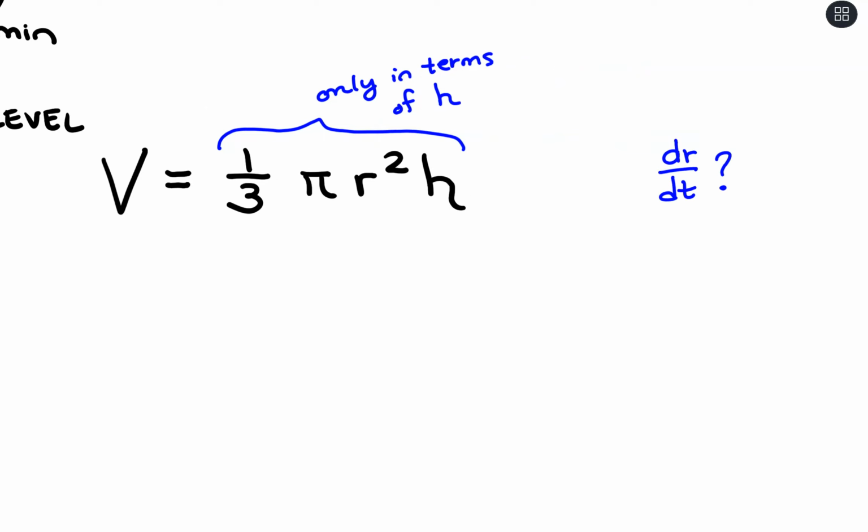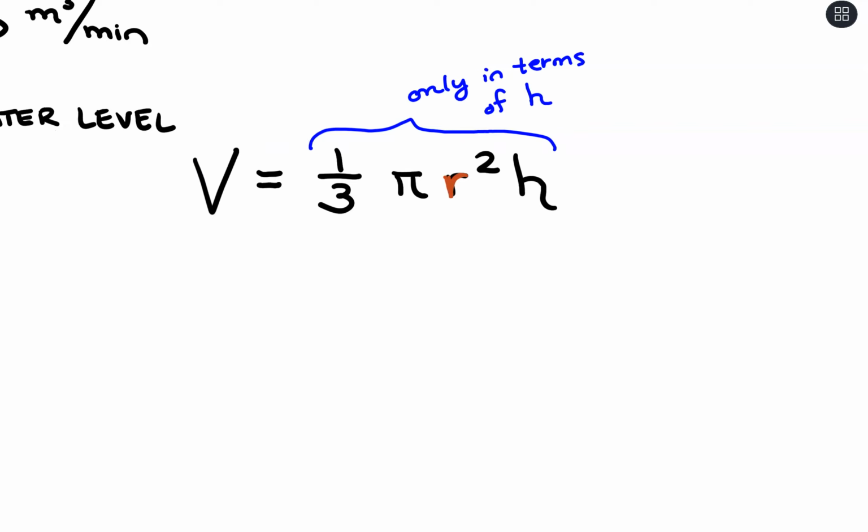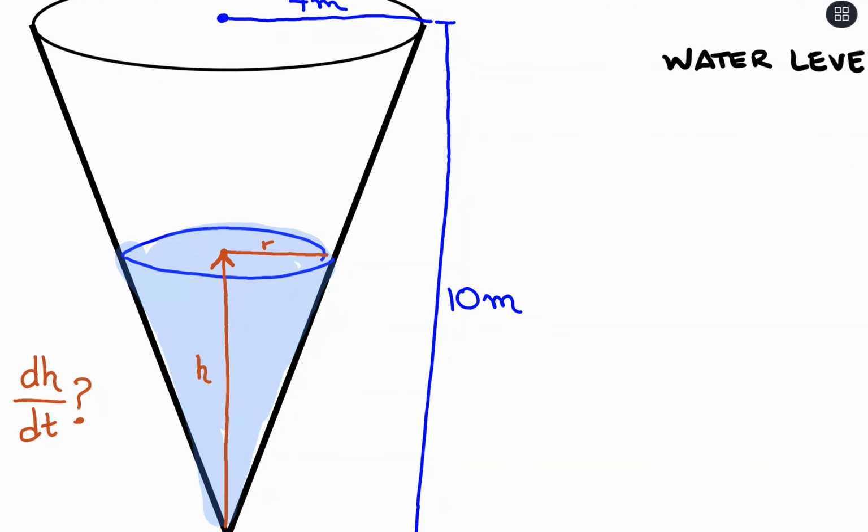If that was our goal at the end, then I would do dr/dt, and I would adjust h to be in terms of r. However, with this, dh/dt is our goal. So with that, I want to replace r right here with something in terms of h. So let's go back to our picture and see how we can do that.